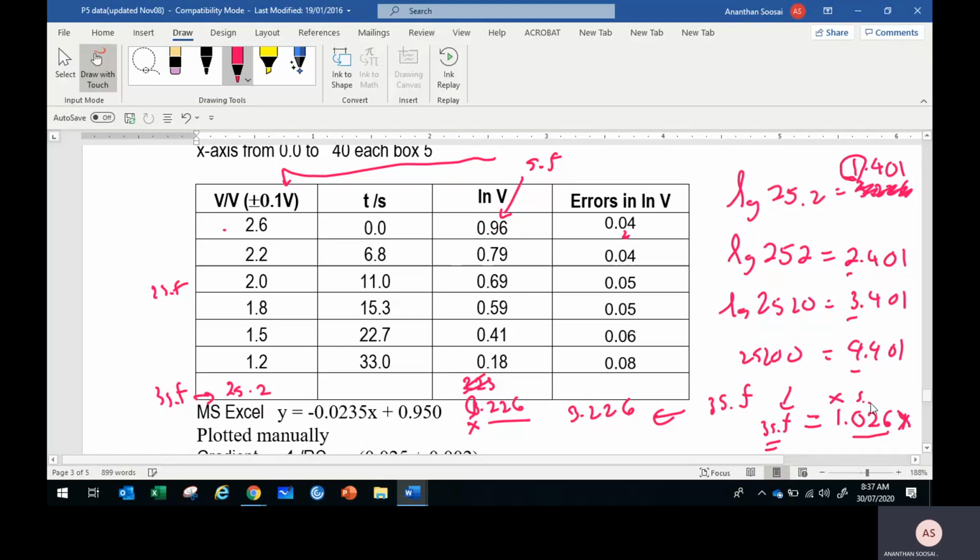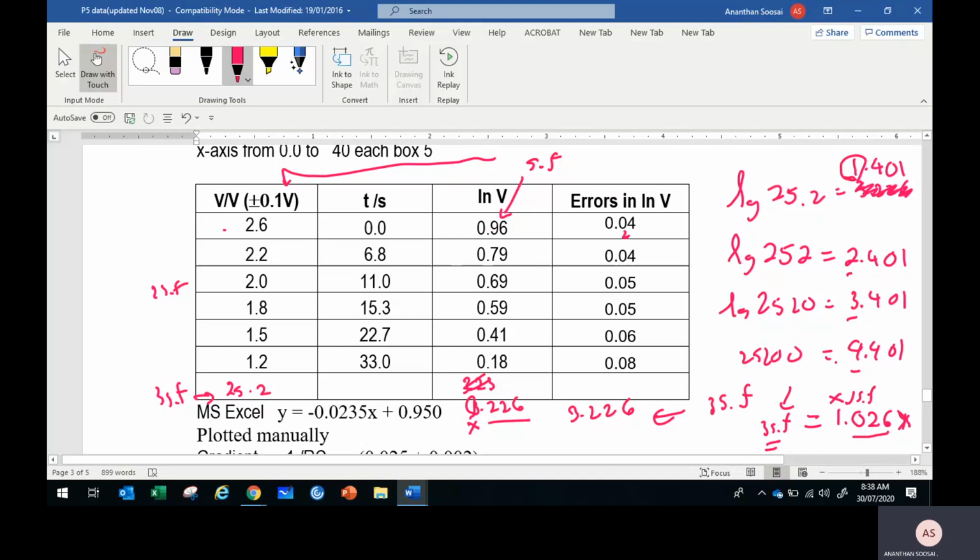After the decimal, either 0 or a number is significant. Let's say you got 0.001, after the decimal that is 3 significant figures. This is only for log and ln.